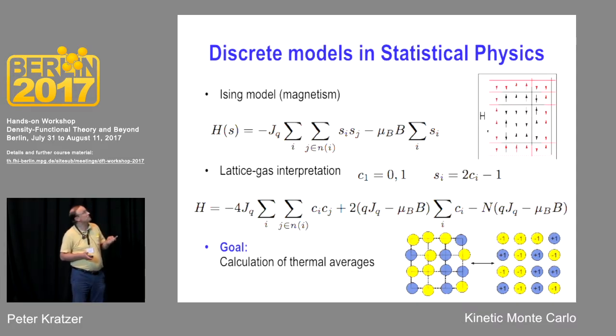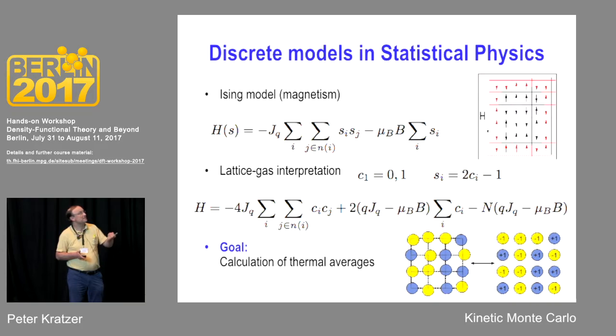And now you're asking the question, what is the thermal average of magnetization? What is the critical temperature for this magnet, and so on? Or likewise, you can do this in surface physics or in materials physics, where you consider a lattice-gas Hamiltonian, where you have lattice sites that can be occupied or empty. So here the variable S maps to a variable C. And again, you can have a Hamiltonian where the occupation of neighboring sites interact.